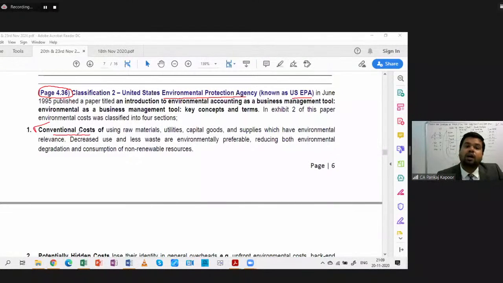We should preserve our non-renewable resources. Hence, it will be considered as conventional cost. So any form of raw material or utility which has environment relevance, which we use in our factory or in the production of the goods we are producing, will be considered as the conventional cost.